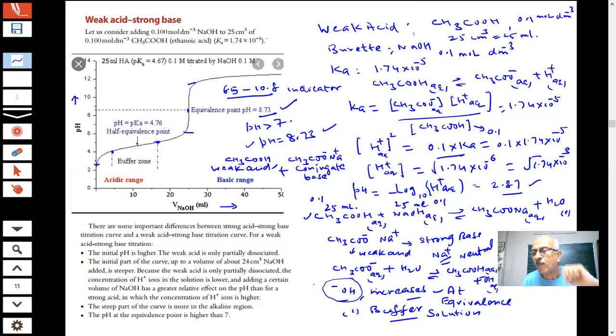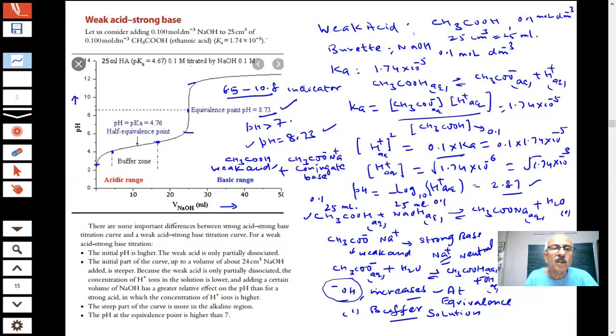Strong acid has more H+, weak acid has less H+. So the effect of change of pH is more in this case. So the steep part of the curve is more in the alkaline region. The pH at the equivalence point is higher than 7 in the case of weak acid and strong base.